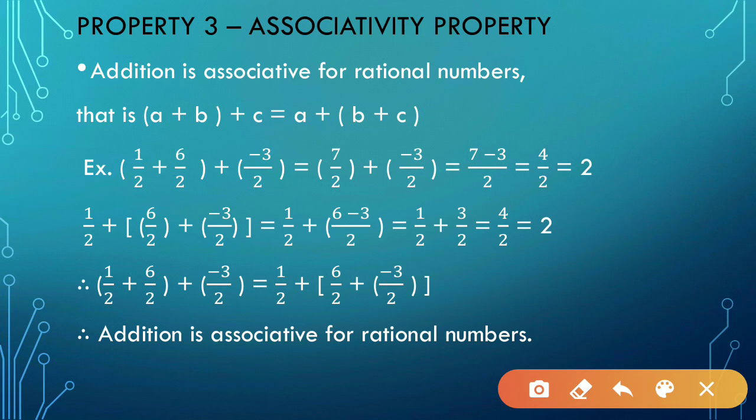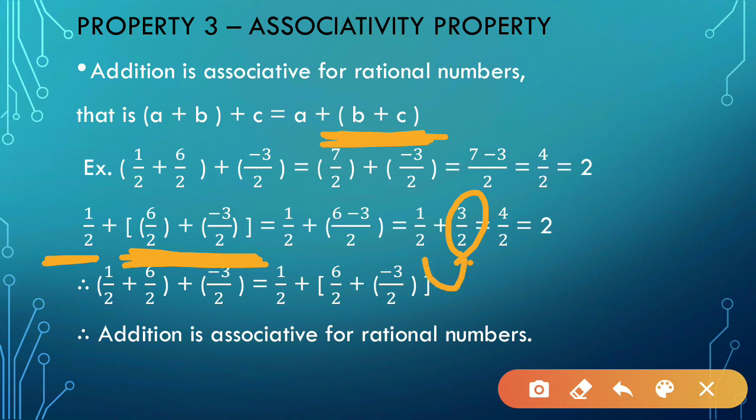So again we take the same numbers: a is 1 by 2, b is 6 by 2, and c is minus 3 by 2. Now for the RHS, first add b plus c, and after that add a to it. When you simplify the bracket, you get 3 by 2, and after that when you add 1 by 2 to it, again you get 2.